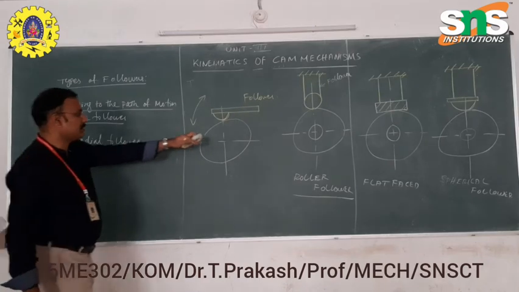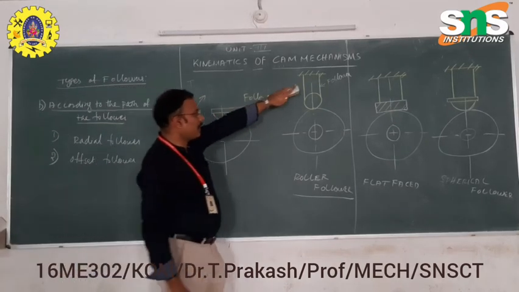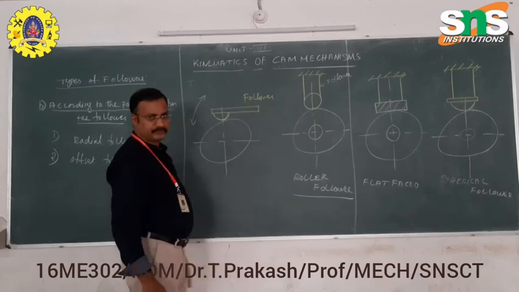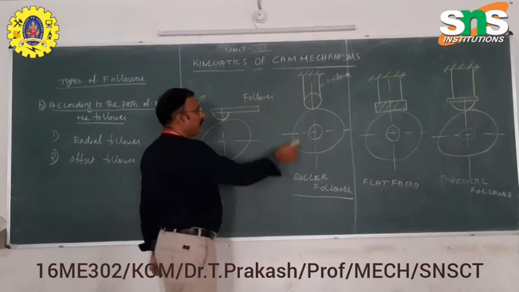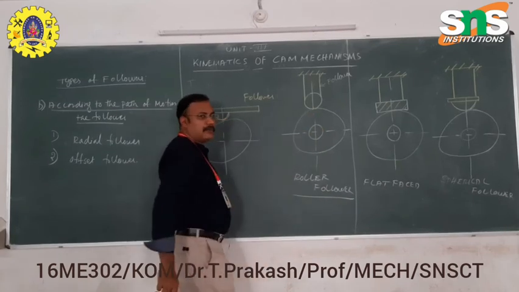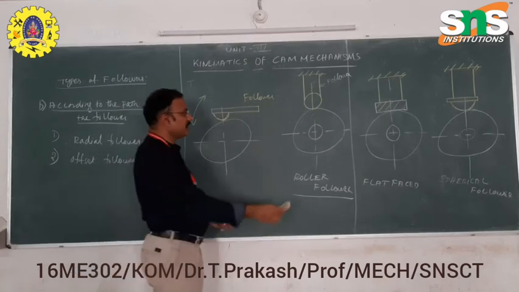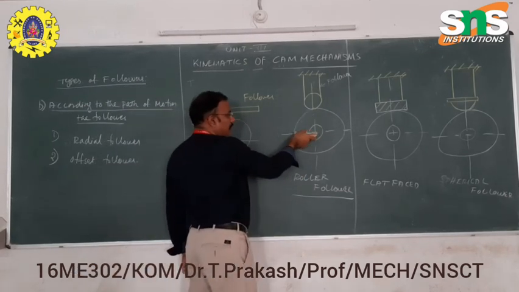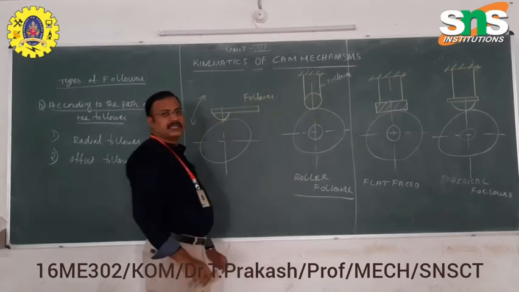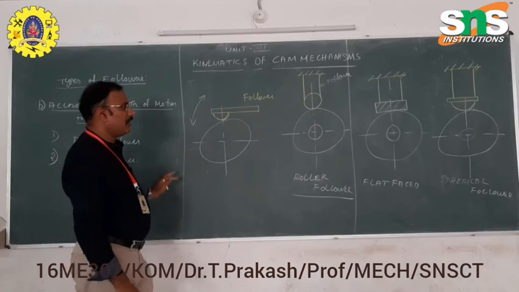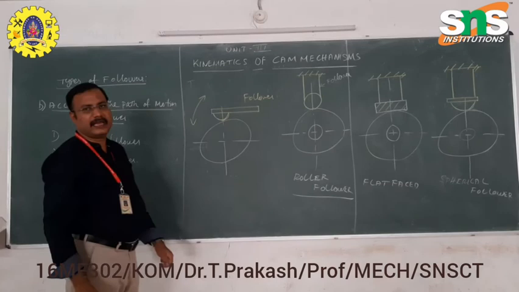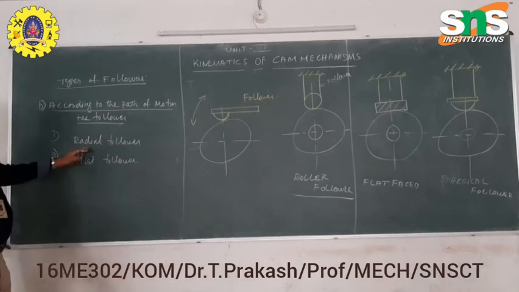The axis of the follower and the axis of the cam will be in line with each other, or you can say they are perpendicular to each other. That is, the cam axis and the follower axis will be perpendicular to each other. It is called as a radial follower, and also in line with the cam axis.